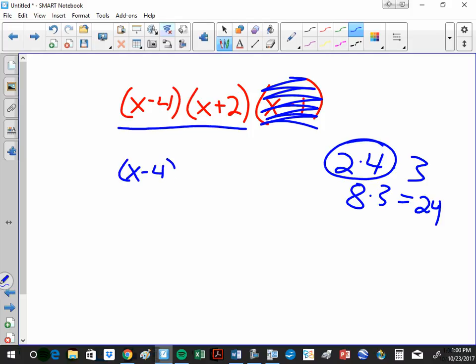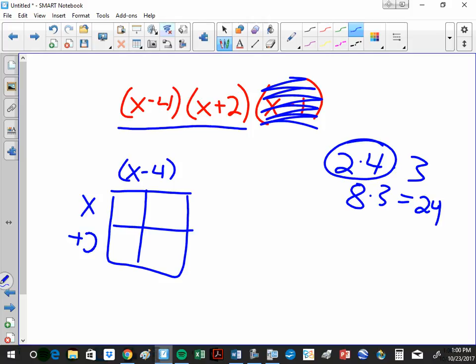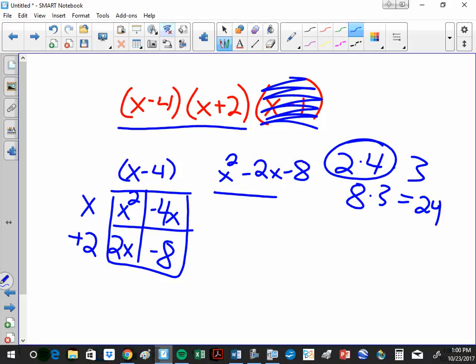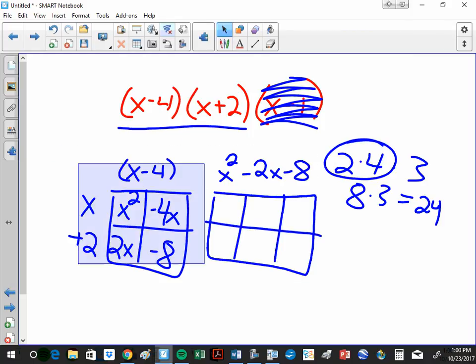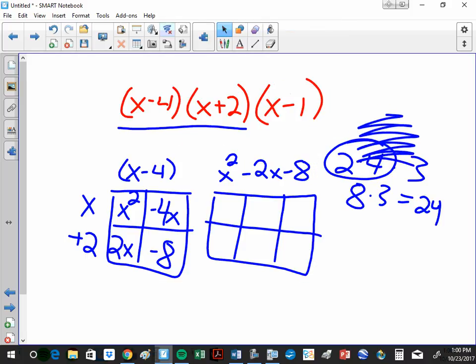x minus 4 and x plus 2: x squared, minus 4x, 2x, minus 8. That turns into x squared minus 2x minus 8. Right? Okay. Now what do I do? Now I bring in this x minus 1.